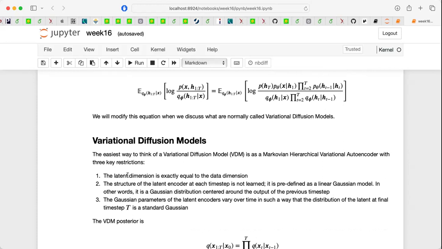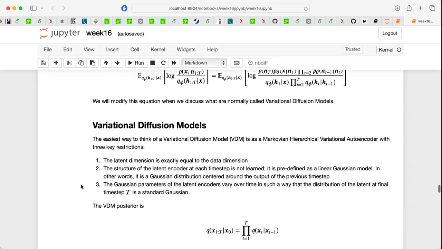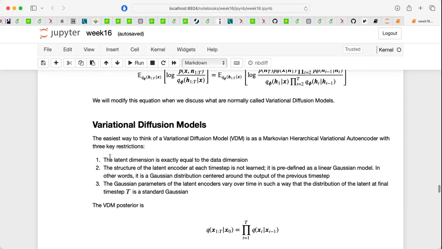So the latent dimensions, so remember when we do a variational autoencoder, the whole idea is that the latent space is much smaller than the real data space. In this specific case, the latent dimension is exactly equal to the data dimension.